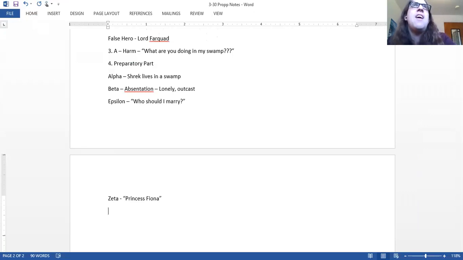Or you could say that Lord Farquaad is sort of tricking Fiona by sending Shrek on this quest instead of himself. But these would be letters eta and theta. So let's see. So theta would be agreement to being tricked.